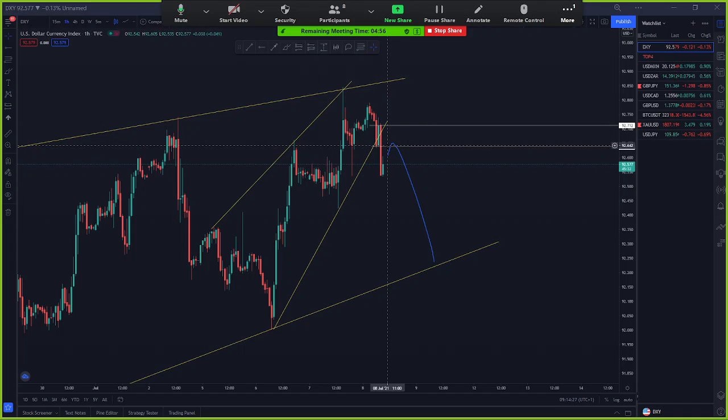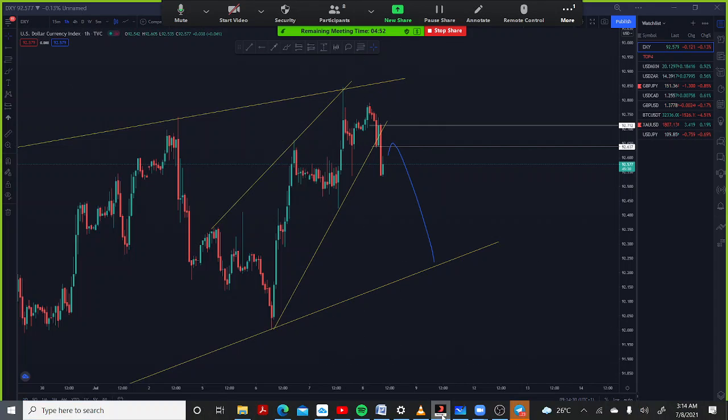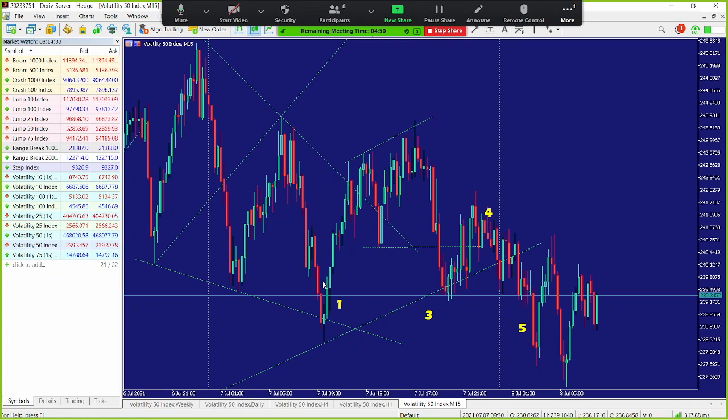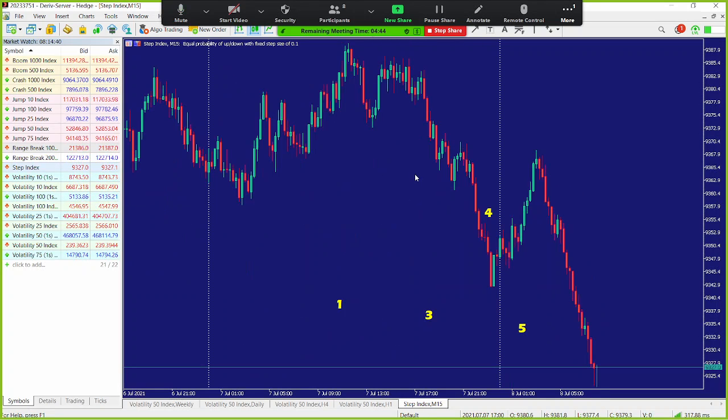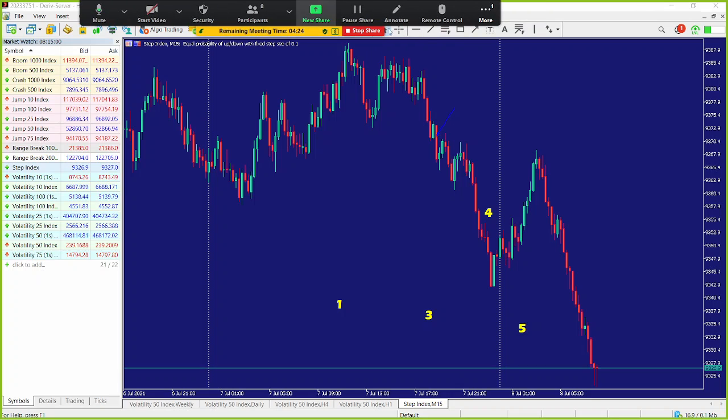Like the trade you saw on the Step Index. On Step Index, this was the order block, and the sell limit I gave for this was about here.